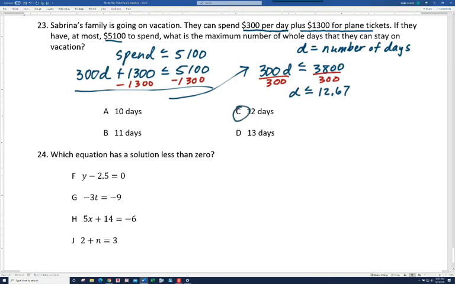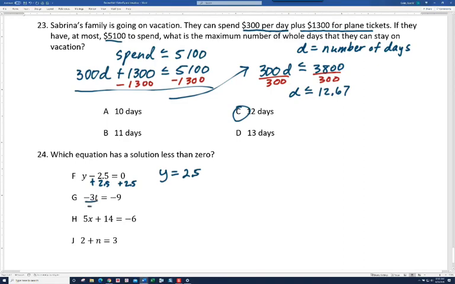All right, number 24, it says, which equation has a solution less than 0? Well, let's see, if we added 2.5 to both sides here, that's what we would do to solve this, we're definitely going to be positive. So that's not less than 0.